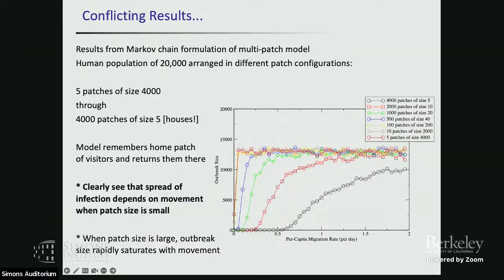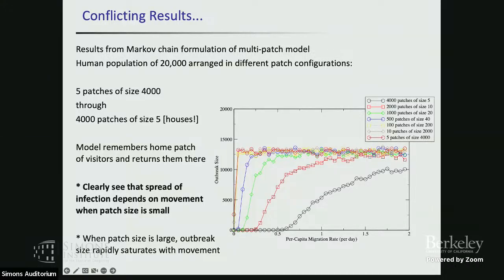The different colors on this graph represent simulation results under different patch configurations. Over here we have a small number of large patches, coming across to a large number of small patches. This is considering houses, and this is just considering areas of the city.